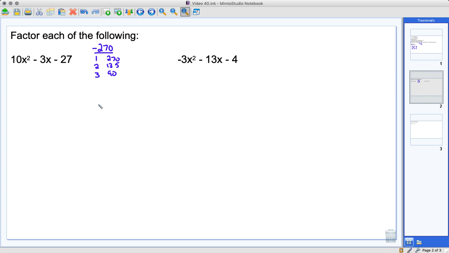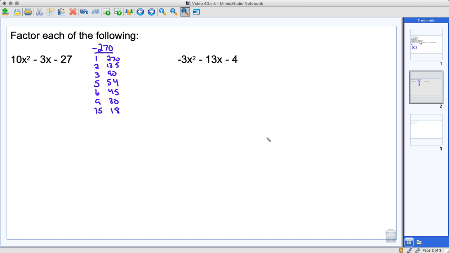So 5 and 54, 6 and 45, 7, no, 8, 9 and 30, and then 15 and 18.